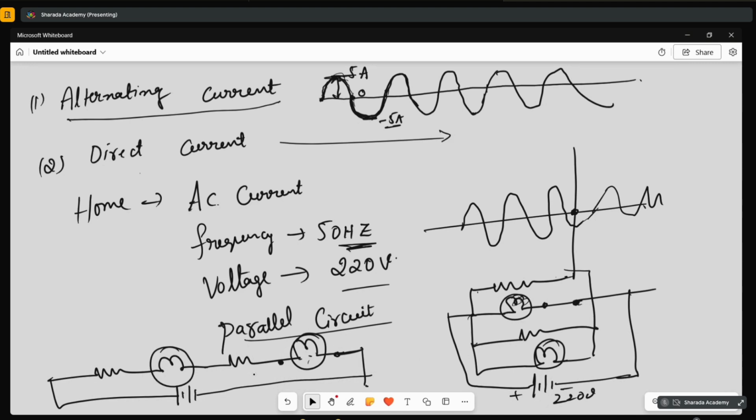How can the current pass? Whenever there is a continuous loop or a continuous path, then only current will flow. Correct? So if there is a break here, current will not pass through that. So if one bulb is not working in the home, everything else will not work. So that is the reason it is not a series circuit, it is a parallel circuit.